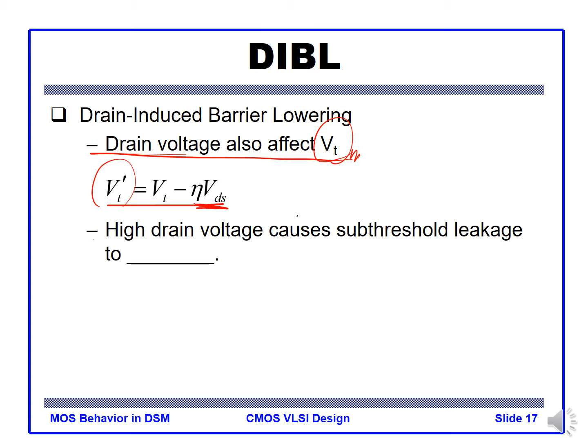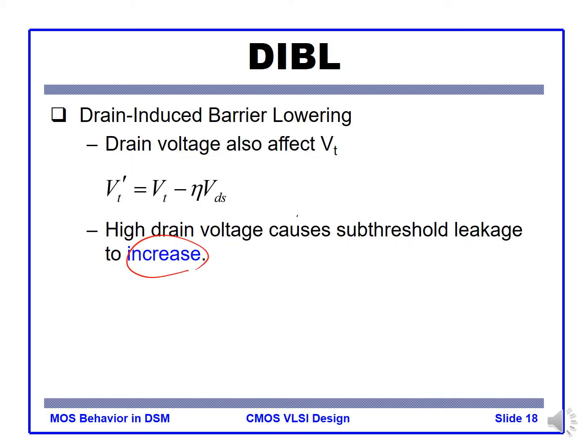So if you have a higher drain voltage, then the sub-threshold leakage will increase or decrease? You know that higher drain voltage reduces the VTH, meaning sub-threshold leakage will be increased, because the threshold voltage lowered, then that will increase the leakage current.